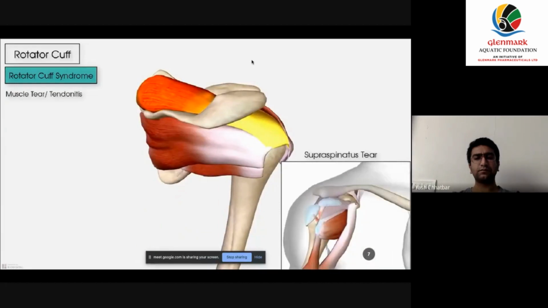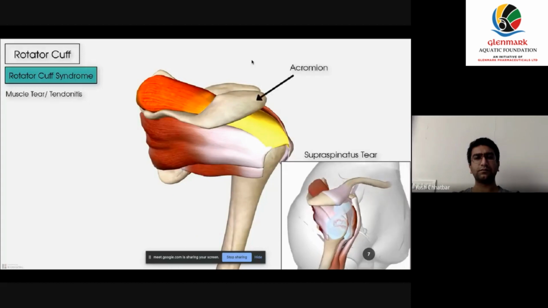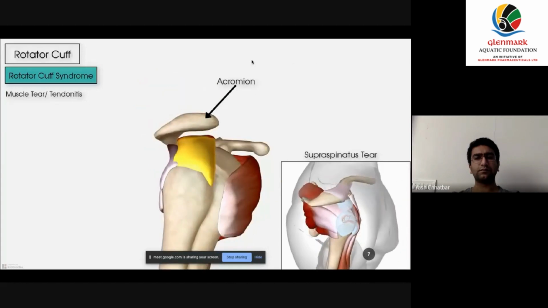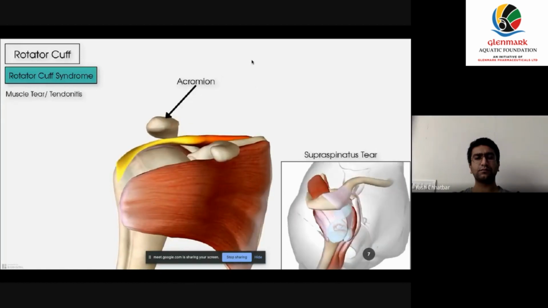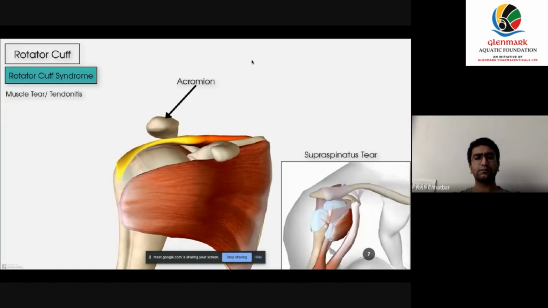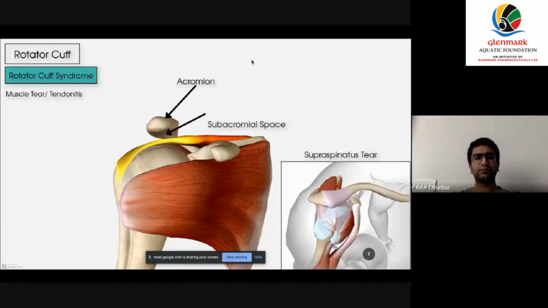The reason this is the most commonly torn is because if you look here at the acromion, which is essentially like a roof above the supraspinatus tendon as it passes underneath to insert onto the greater tuberosity of the humerus, when you elevate your arm, this space narrows, meaning it can get pinched, inflamed, and consequently tear.